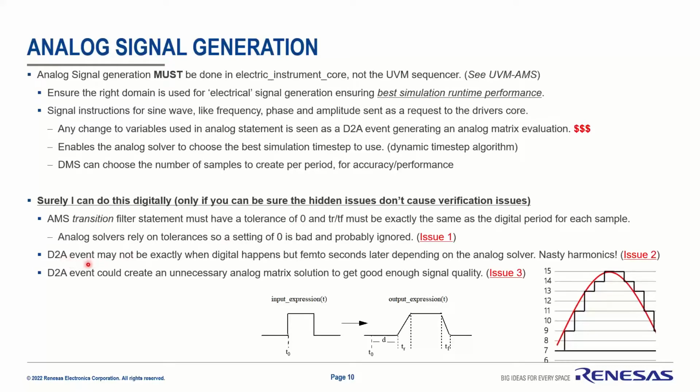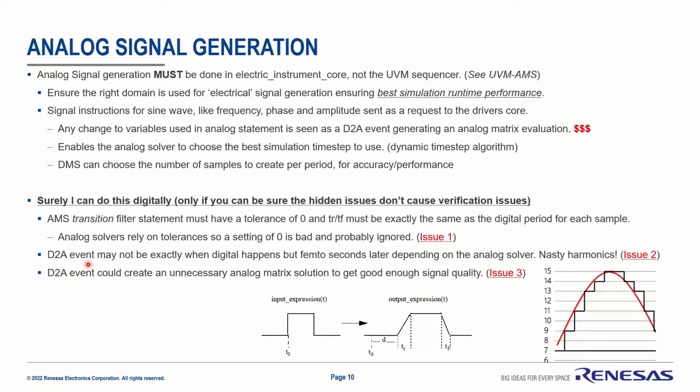D2A events may not exactly happen when the digital thinks it's happened. So if your digital event happens at 1 nanosecond, but the analog has created a solution at 1 nanosecond plus 1 femtosecond, it might think that that's close enough and therefore would use the 1 nano plus 1 femtosecond as the change point.